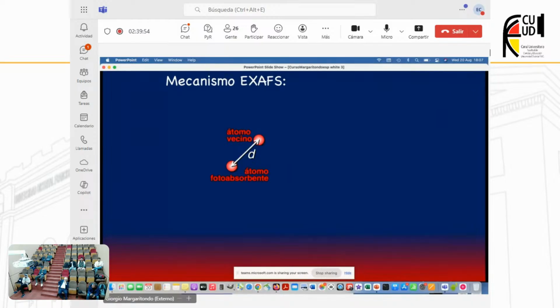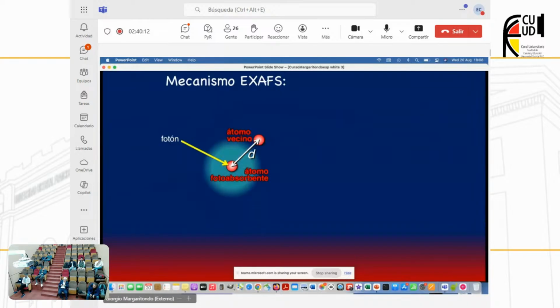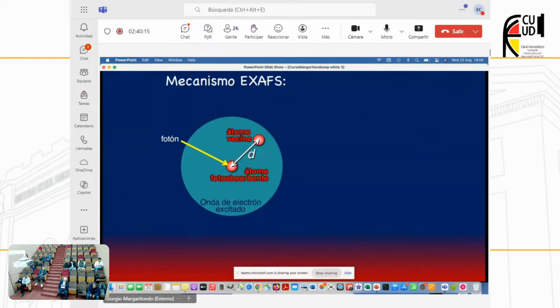Now, suppose that you are looking at a solid, and for simplicity, we are only showing two atoms in the solid, the one that absorbs the X-ray photon, and another atom in the neighborhood at a certain distance d. Now, we are sending the X-ray photon, and we are exciting an electron in the conduction band. The electron in the conduction band is free to expand, and in quantum mechanics it is going to expand as a wave.